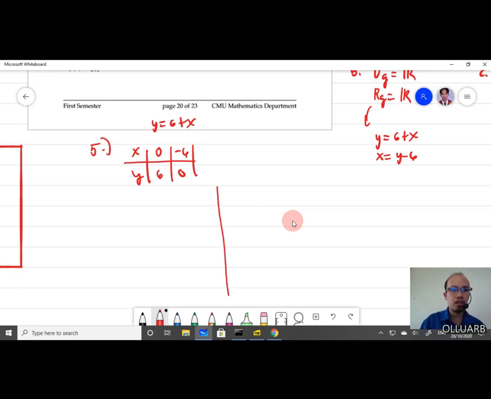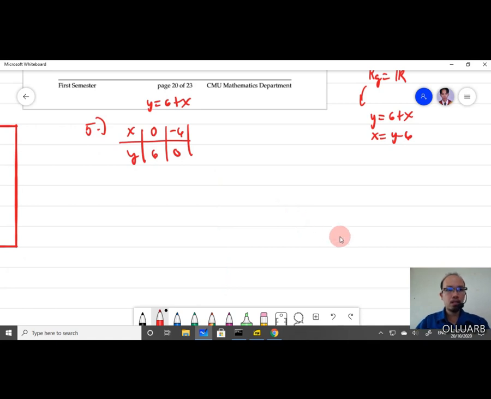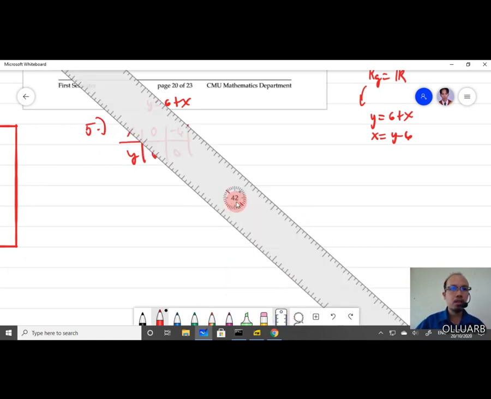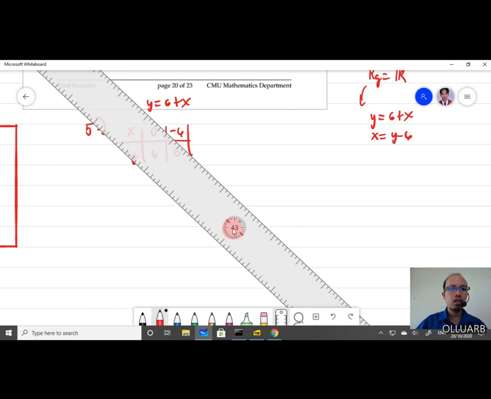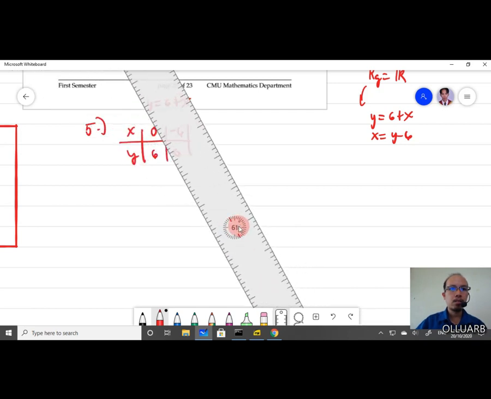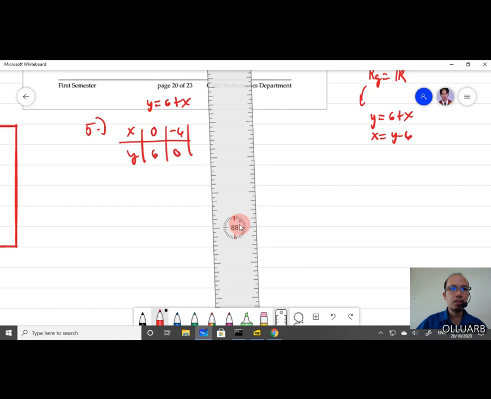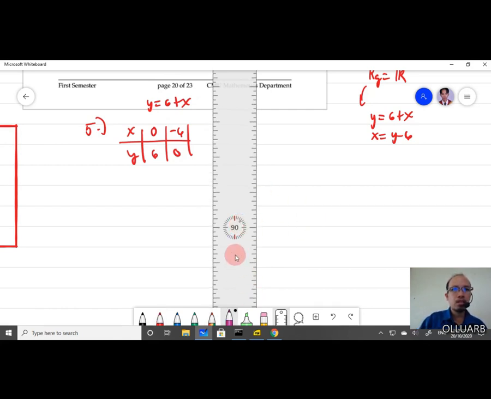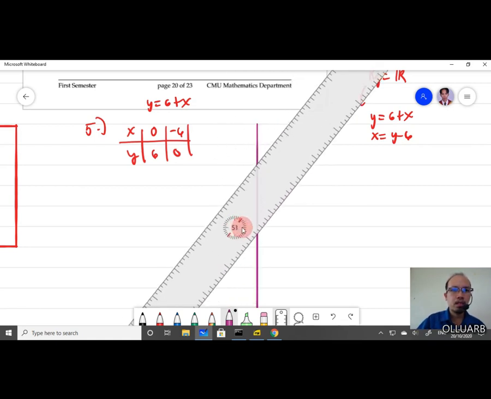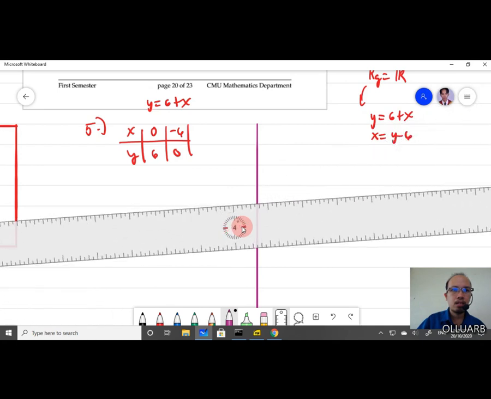I guess I will use a different color, so let's try this color.